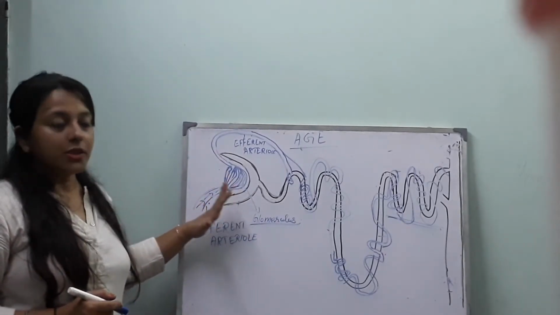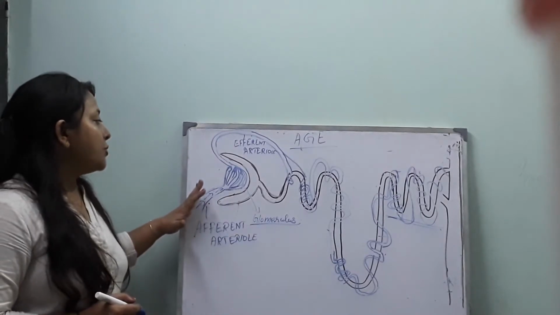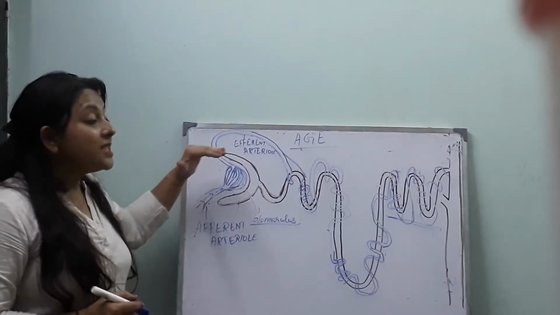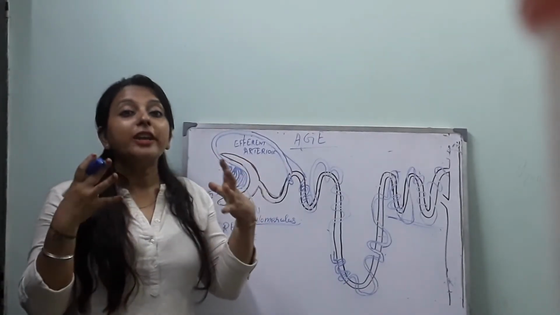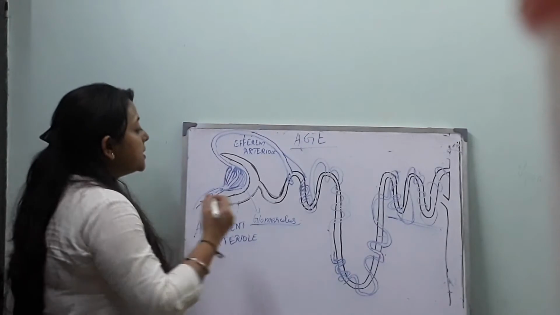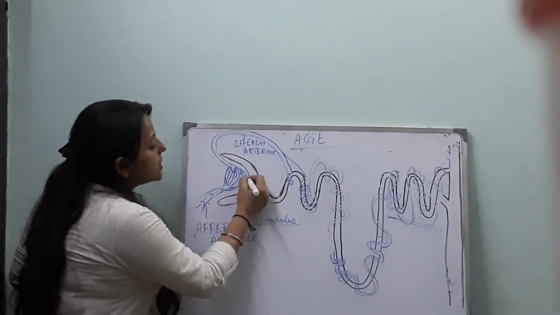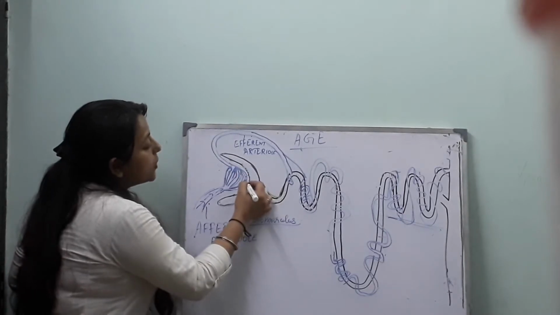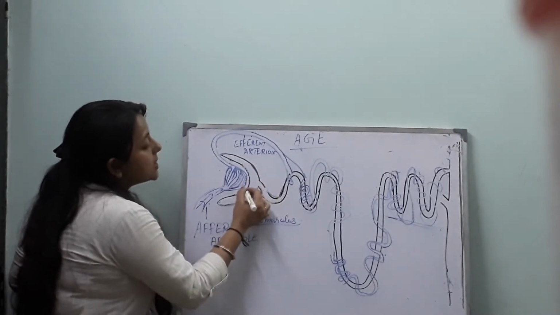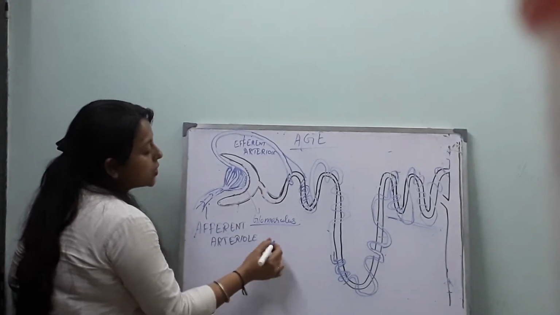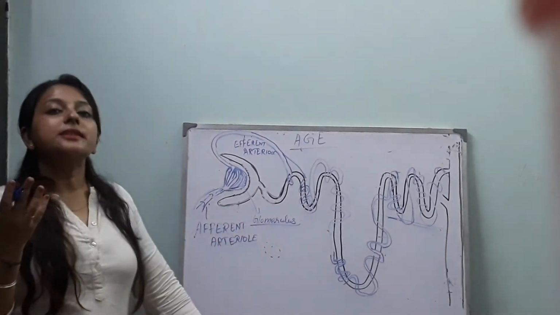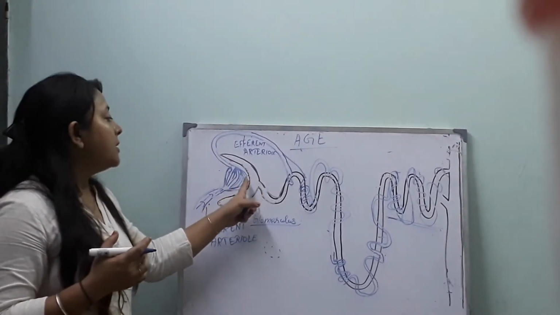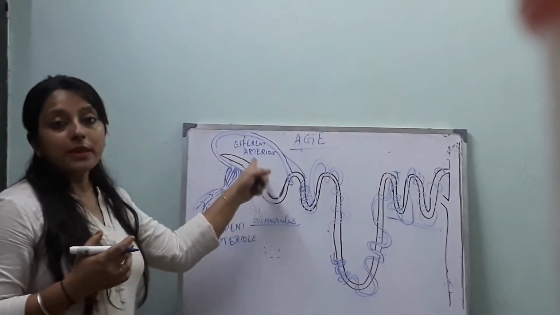Now nitrogenous or impure blood enters the Bowman's capsule with great force. This Bowman's capsule and the glomerulus are porous in nature. So small substances present in the blood come out, or are filtered, into the Bowman's capsule.